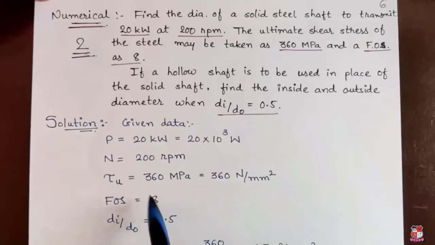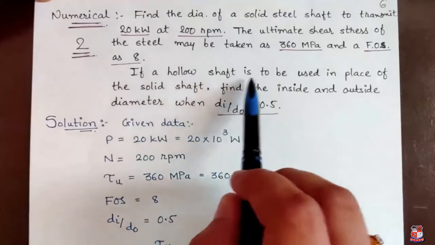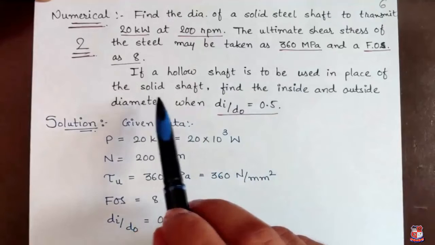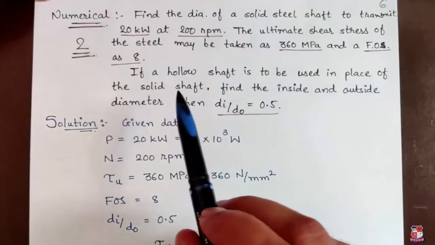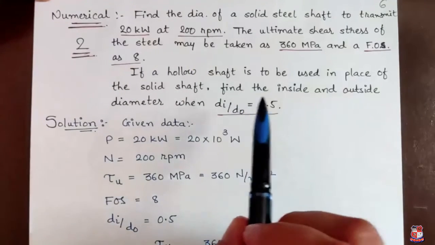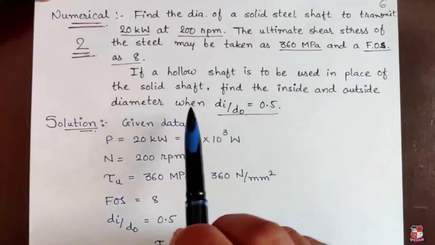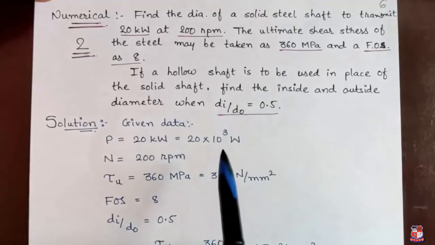In the next step, if a hollow shaft is to be used in place of the solid shaft, it means we are replacing a solid shaft by a hollow shaft for the same amount of power. Find the inside and outside diameter when di/do is 0.5.